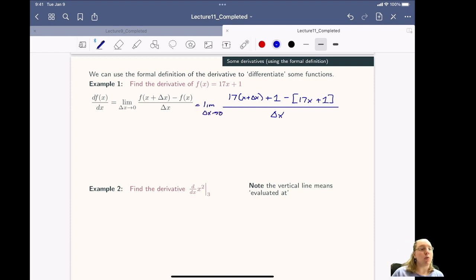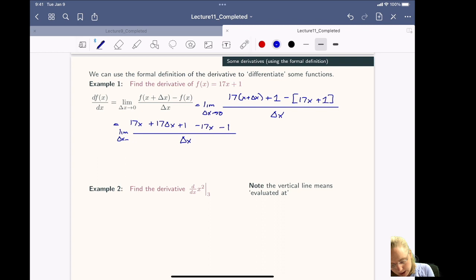All right, so what do we have here? Let's start by simplifying. Let's distribute: 17x plus 17 delta x plus 1, minus, make sure to distribute your minus sign, 17x minus 1, divided by delta x, and we're taking the limit as delta x goes to 0.